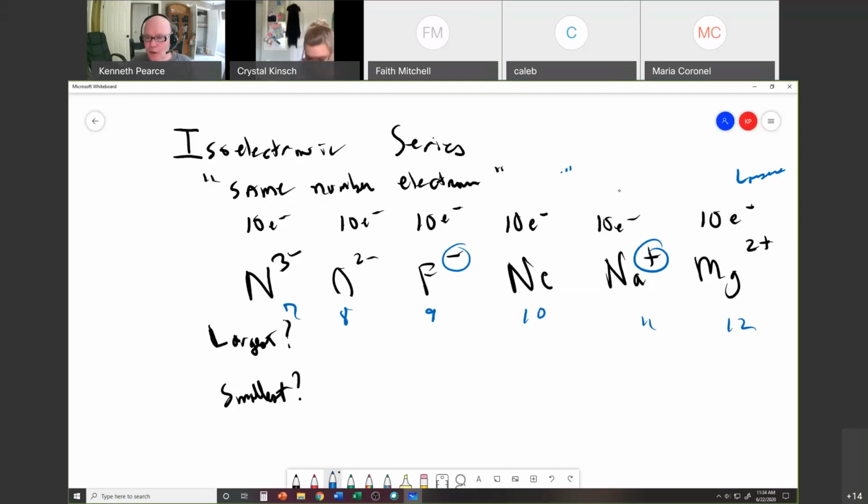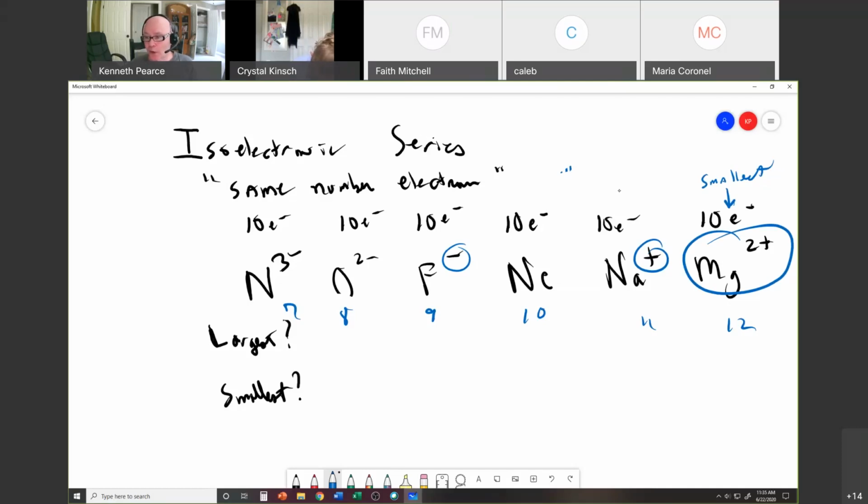If you have the same number of electrons in the same shell, what's happening to those electrons as you add protons? They're getting sucked in. So what's going to be the smallest? The smallest is going to be the one with the most protons, your magnesium 2 plus.